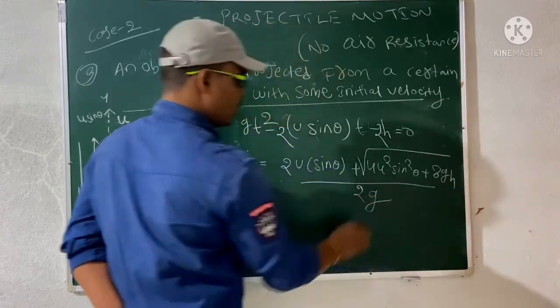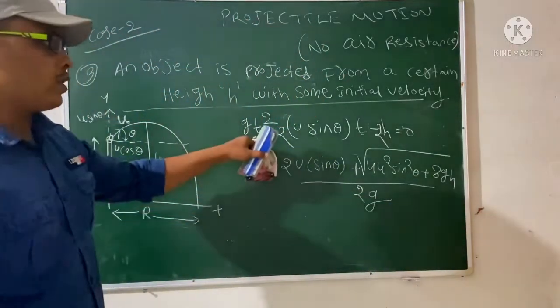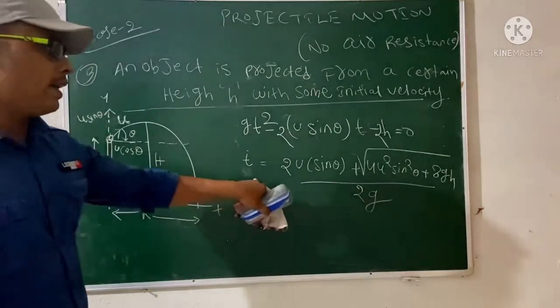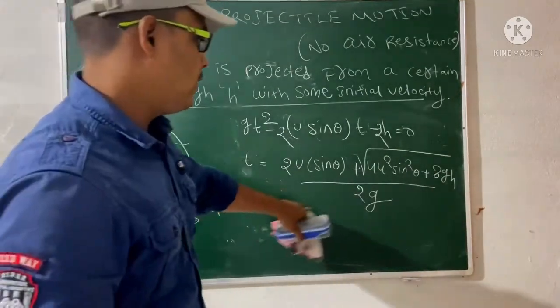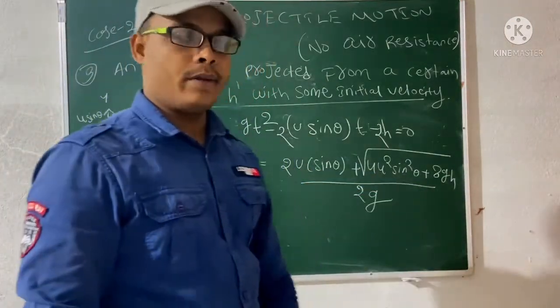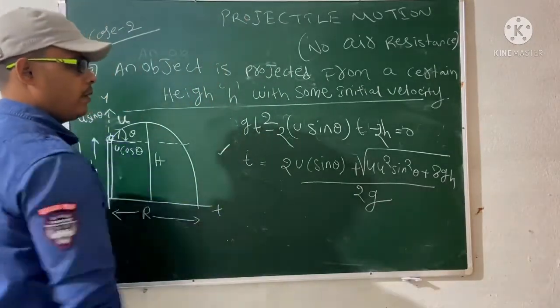So this is the total time of flight. This is the quadratic equation. You solve it and you will get the total time of flight. g, theta, u, h will be given to you, so you can calculate the total time of flight.